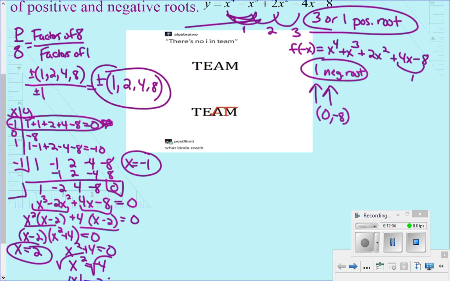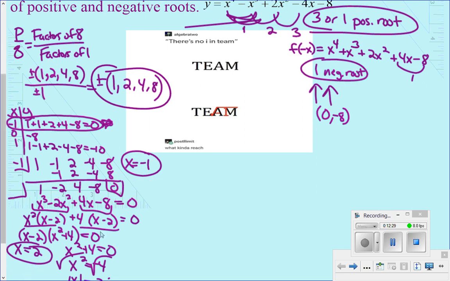I'm going to instead try with synthetic division +1 or +2 or +4 or +8. And I would keep trying those values until I got a zero remainder. I would eventually see if I tried 1, I wouldn't get a zero remainder. So then I would try 2 and I would get a zero remainder. And I know that because we know the ultimate answer is x equals 2.